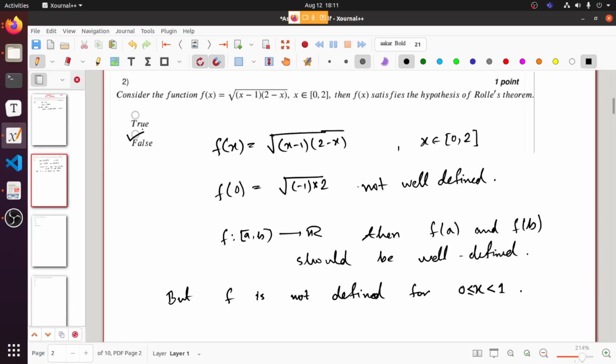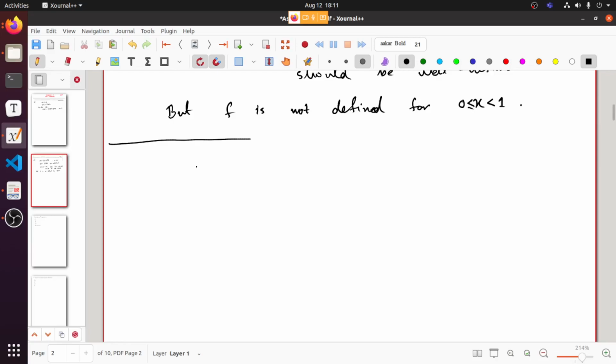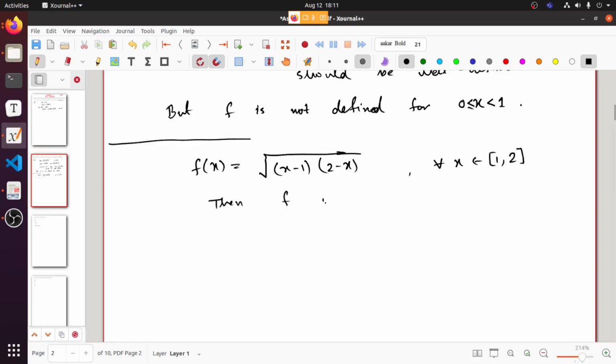But if we modify this function, so let us modify it. The only problem is for x less than 1. So you can modify it: f x equals square root of x minus 1 into 2 minus x. If we take for all x belongs to 1, 2, then there is no problem, right? Then f is well defined. This is because x minus 1 and 2 minus x are both continuous functions, and the square root is also a continuous function, so the composition is continuous.